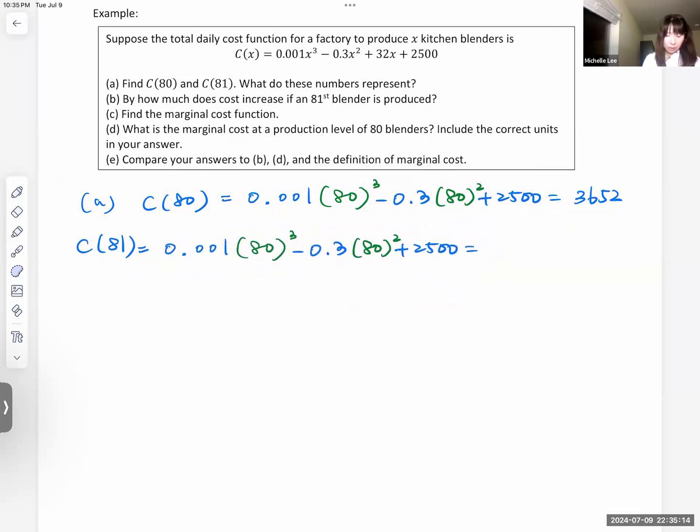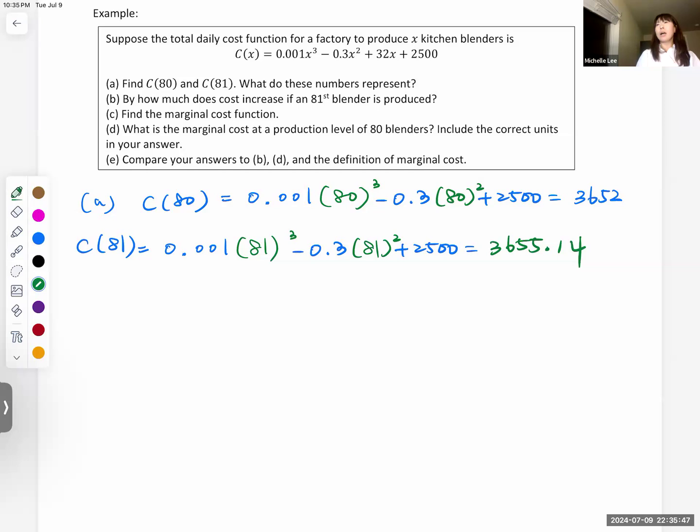There we go. Okay, so 81, change that. 81. So if we calculate this one, 3655.14.